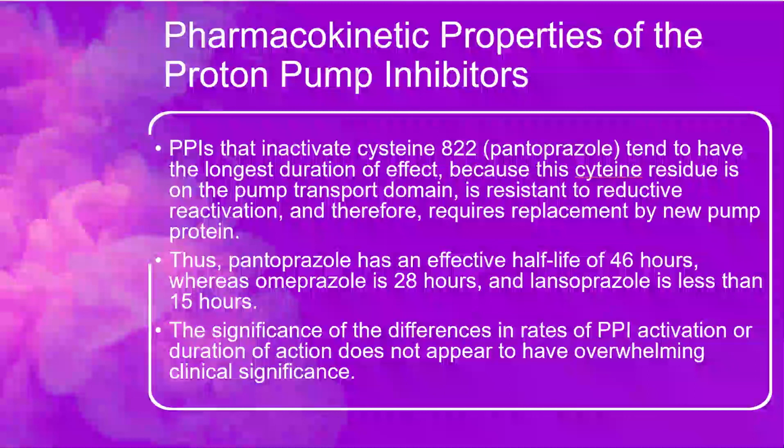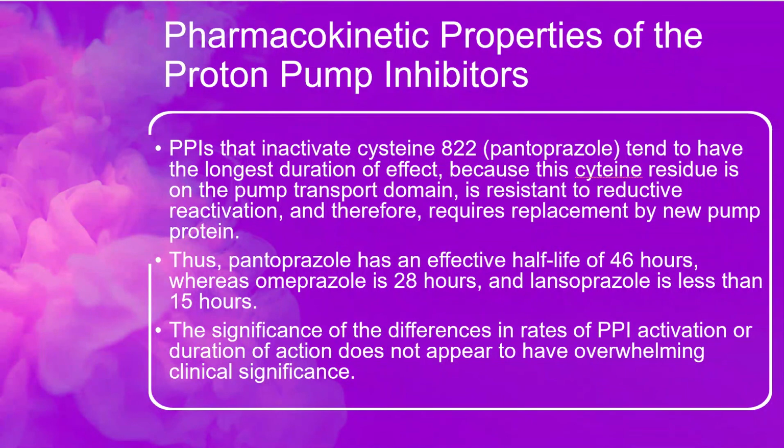So PPIs that inactivate cysteine 822, such as pantoprazole, tend to have the longest duration of effect because this cysteine residue is on the pump transport domain. It is resistant to reductive reactivation and therefore requires replacement by new pump protein.